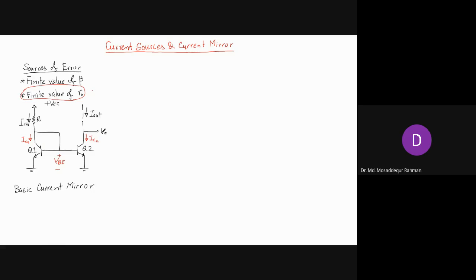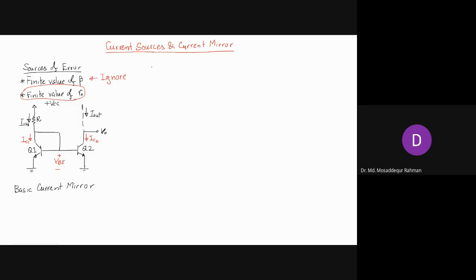While we investigate the effect of R naught, we ignore the effect of beta. We consider one factor at a time. We already discussed the effect of beta.